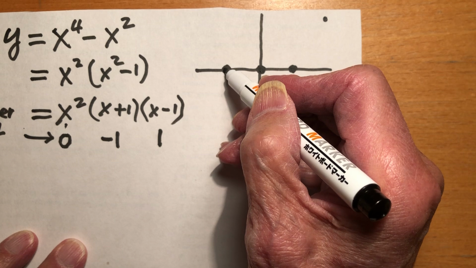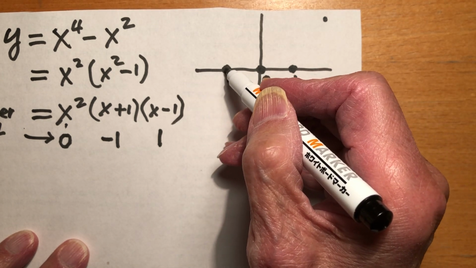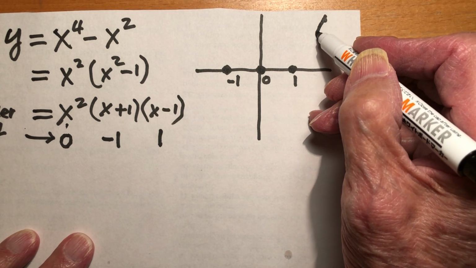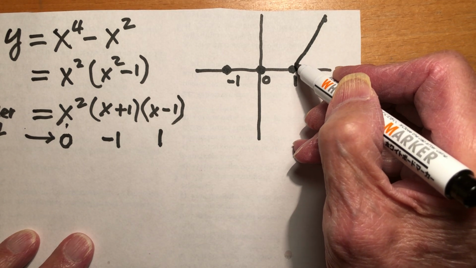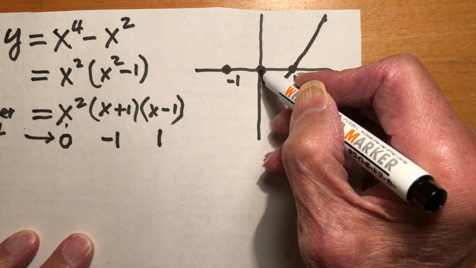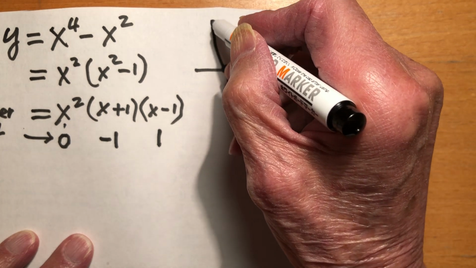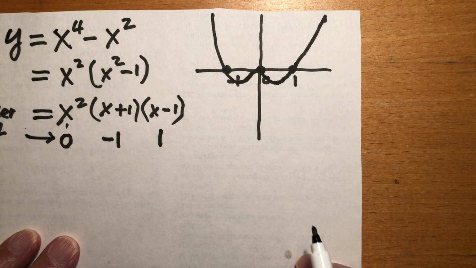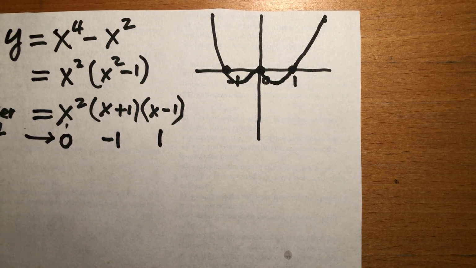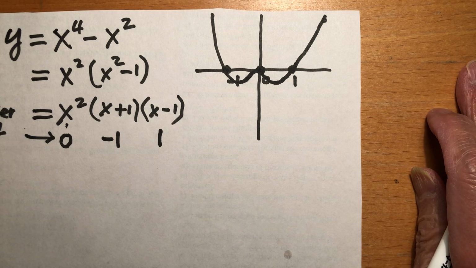And I cross the x-axis at this point. So this is my drawing. Cross, touch, cross. So that is my graph. This is my graph. All right.